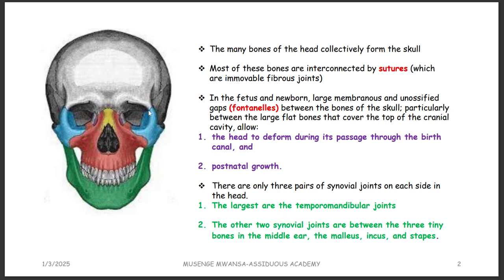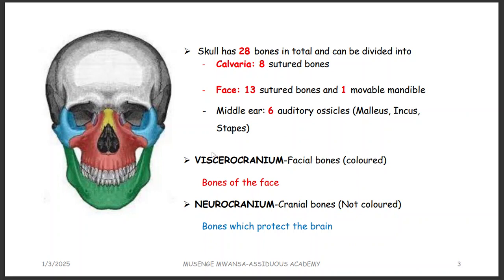For example, in the middle ear, you have the malleus, the incus, and the stapes. The joints that connect these bones are synovial joints. Most of the joints in the head and neck are sutures, in addition to the temporomandibular and the other synovial joints.